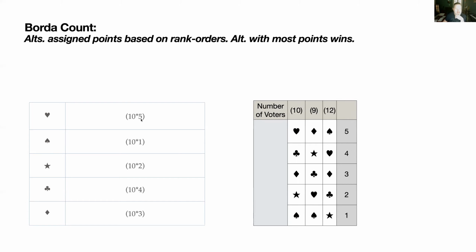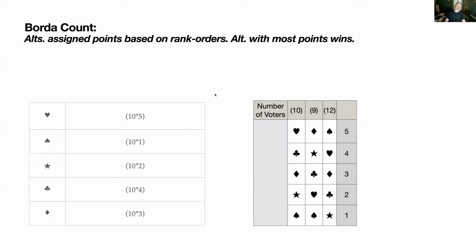And here we go. This group of 10 is giving 5 to hearts, 4 to clubs, 3 to diamonds, 2 to stars, and they're giving 1 to spades.